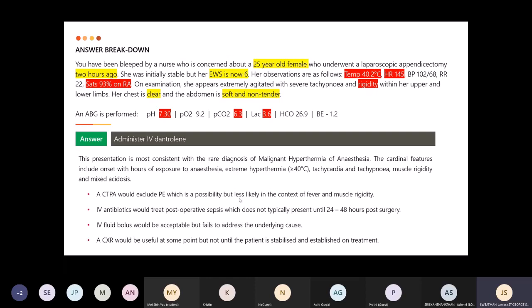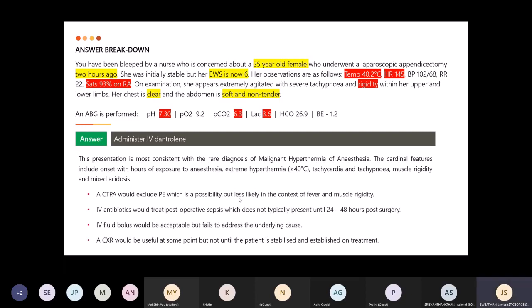So if you go back to the other answers, CTPA is not correct because that's for PE. She doesn't have a PE. Her PO2 is fine, and PE doesn't give you muscle rigidity. It can sometimes give you a very mild fever. IV antibiotics: there's no evidence on examination of infection.